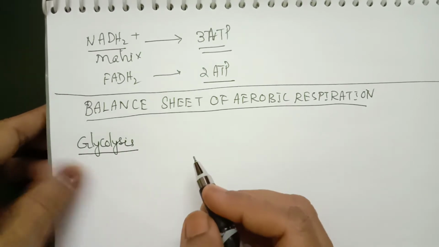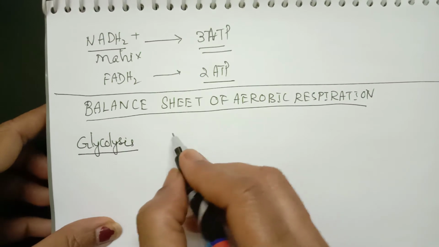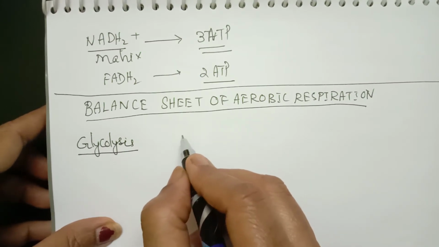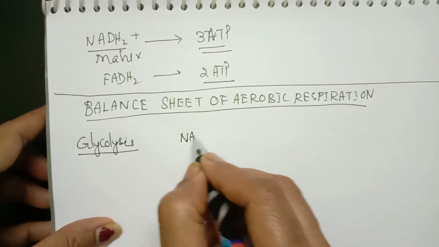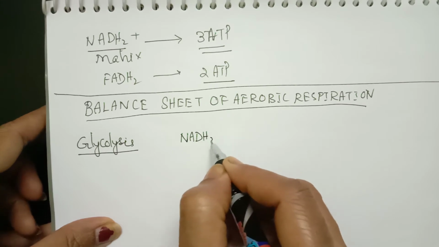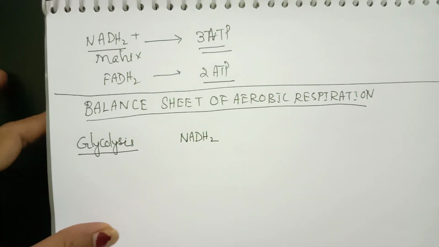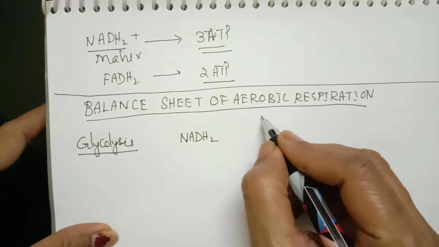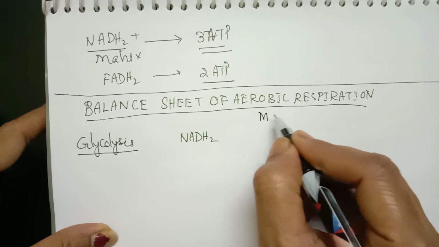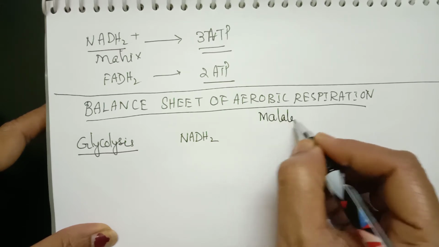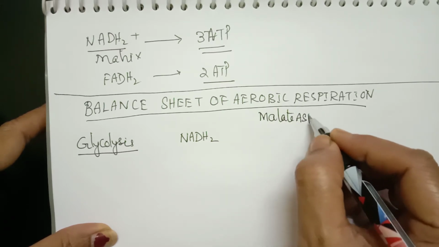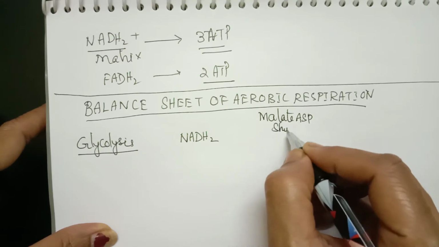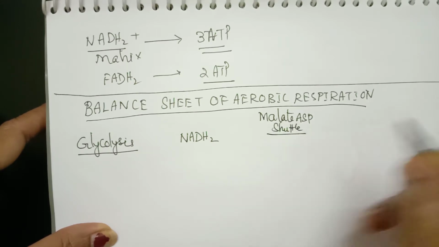In glycolysis, let us take first how many NADH2 are formed. We consider the malate aspartate shuttle and the glycerol phosphate shuttle, because there are 2 shuttle systems operating here.